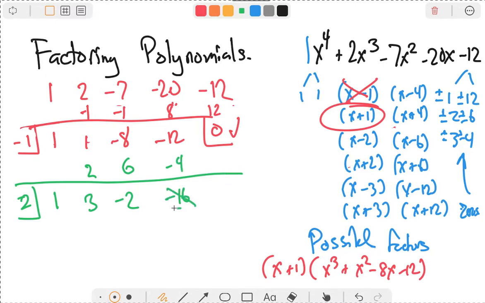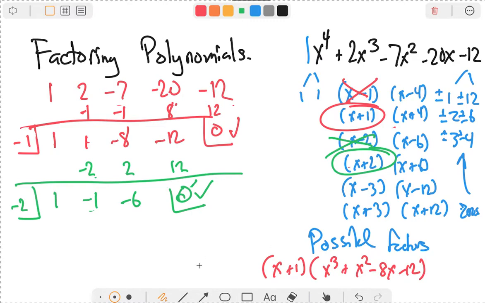Nope. So we will cross out that one. Let's try negative 2. 1, negative 2, negative 1, 2, negative 6, 12, 0. That gives me 0. That one's a factor.